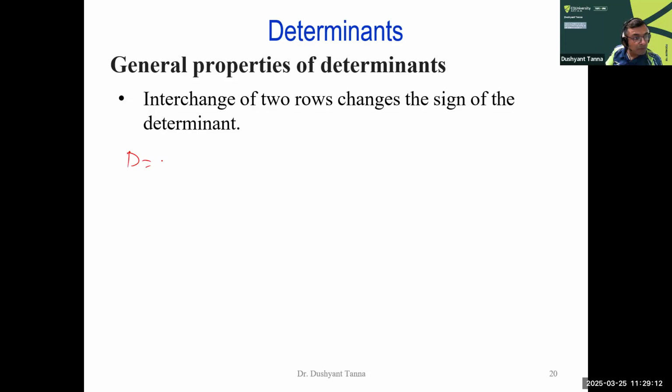So let's pick 1, 2, 3, minus 1, 2, 6, and 7, 8, 9. If I swap it with another determinant, D dash, let's swap this. Then the second row becomes first.